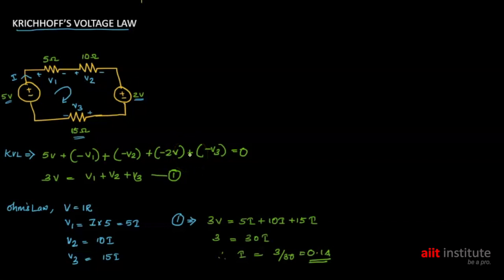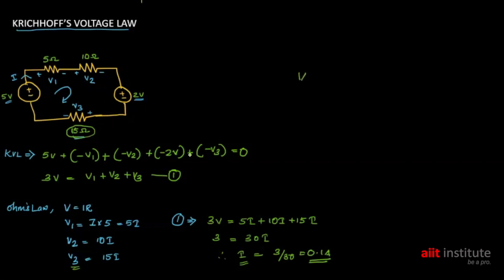So now what we have to find? We found the current flowing through this closed path. Similarly, we have to find the voltage drop across this 15 ohm resistance, that is V3. We already got the equation of V3 following Ohm's law.